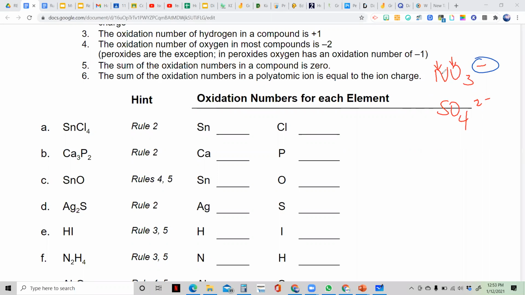So the nitrogen oxidation number plus the oxidation numbers for the 3 oxygens, when I add them up, I am going to get minus 1. For the sulfate ion, the oxidation number for sulfur added to 4 of the oxidation numbers for oxygen will give me a negative 2 when added. That is what it means.